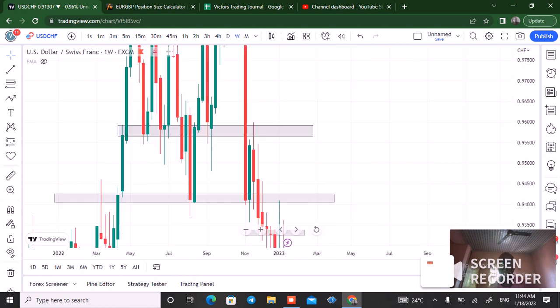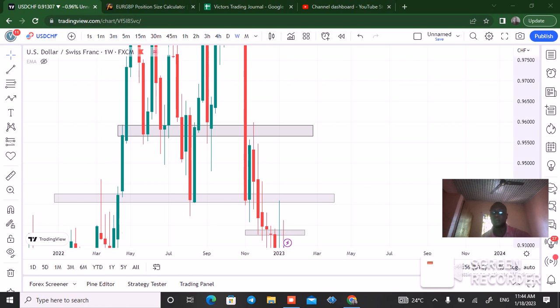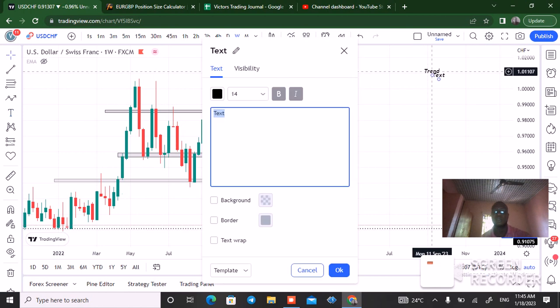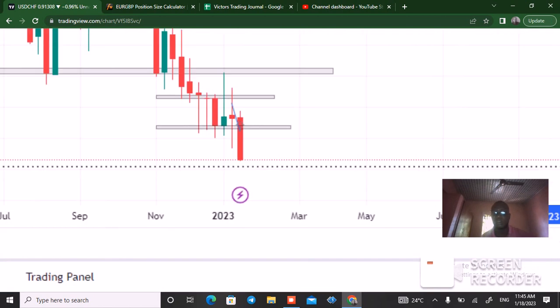areas of interest, areas of support and resistance. That is areas of supply and demand. So that's the second thing I look out for: support and resistance zones.